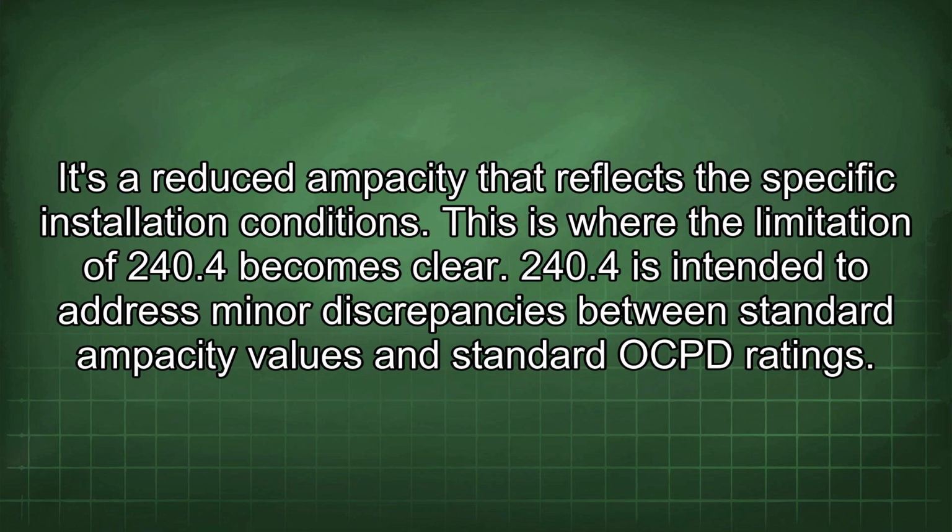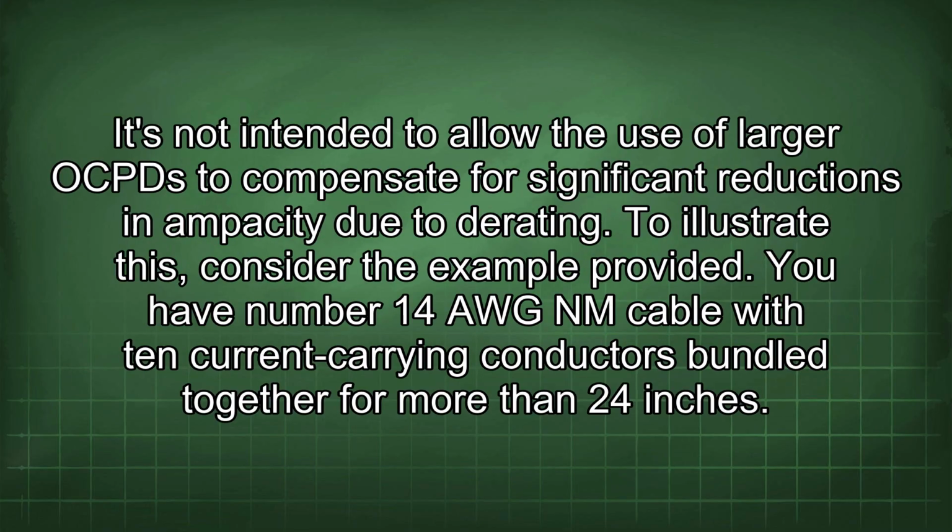It's a reduced ampacity that reflects the specific installation conditions. This is where the limitation of 240.4 becomes clear. 240.4 is intended to address minor discrepancies between standard ampacity values and standard OCPD ratings. It's not intended to allow the use of larger OCPDs to compensate for significant reductions in ampacity due to derating.